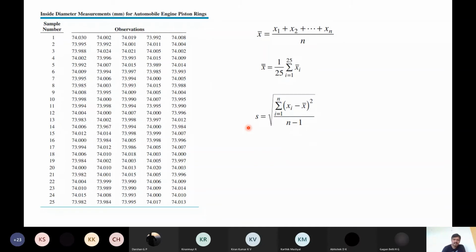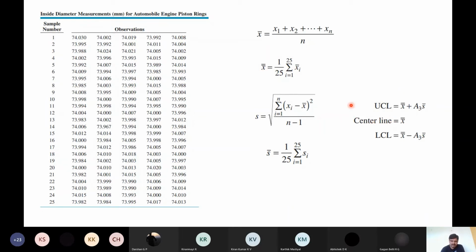Next, after finding individual S values, you have to add all 25 values, divide by 25, you will get S bar. These X double bar and S bar values are required to find out control limits. This is the equation to find control limits for the X bar chart. If you know X double bar, that is the central line.